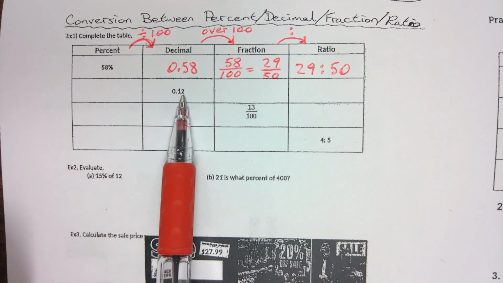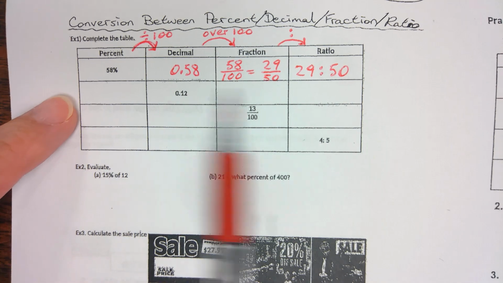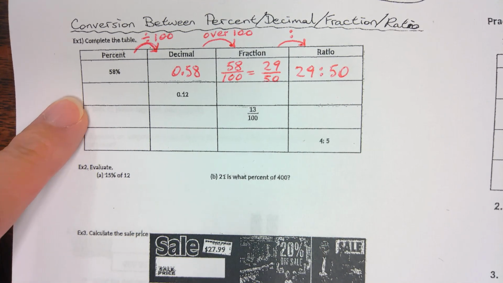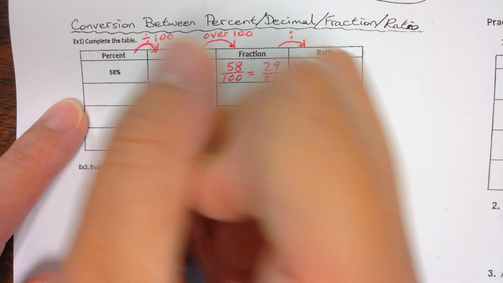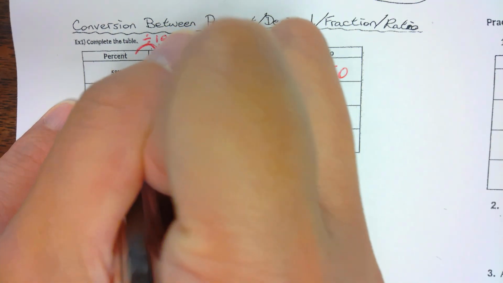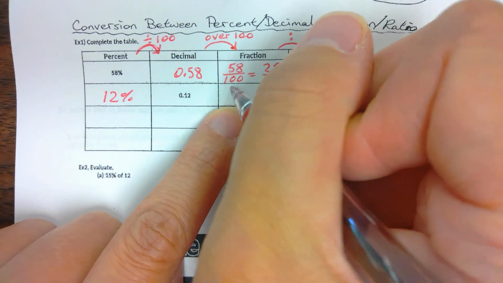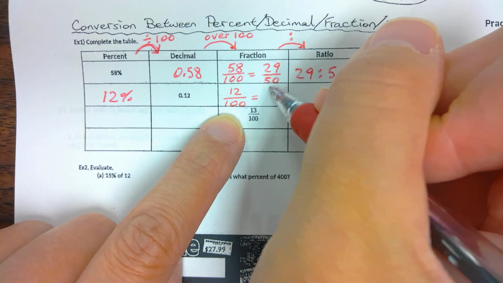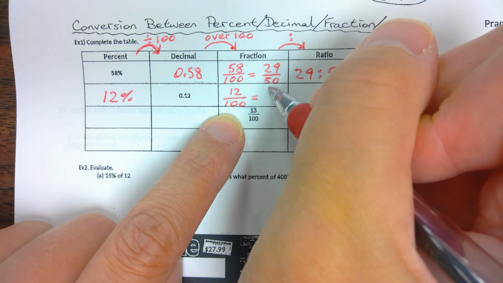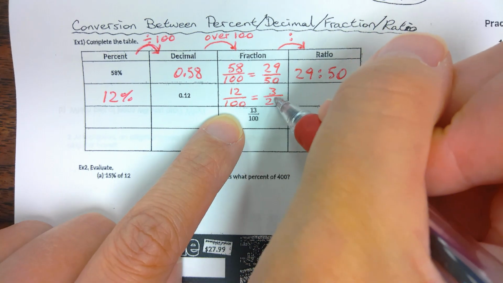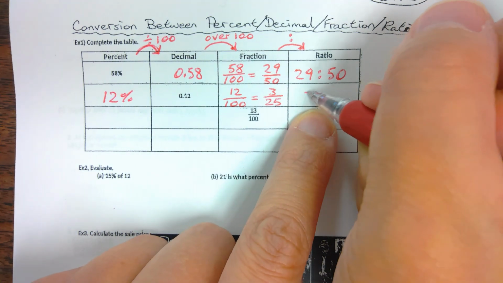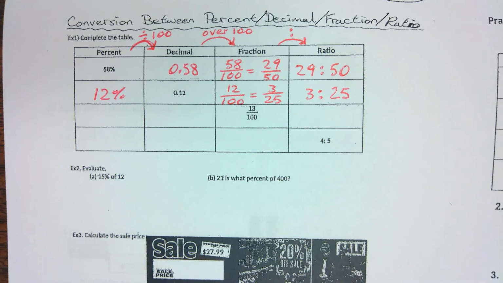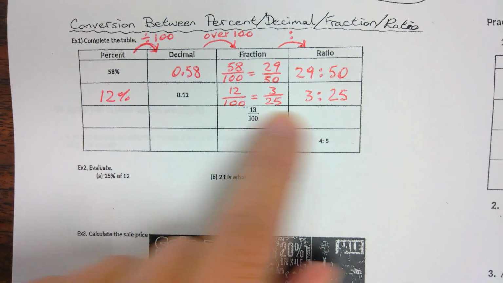So let's try this one then. Okay, somebody tell me this line. Melody? Yeah, by timesing 100. Perfect. All right. Who wants to try this next row?